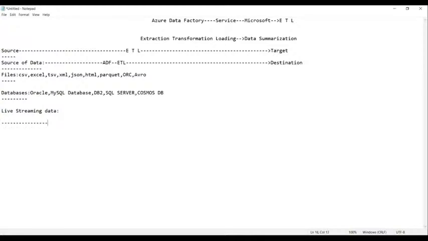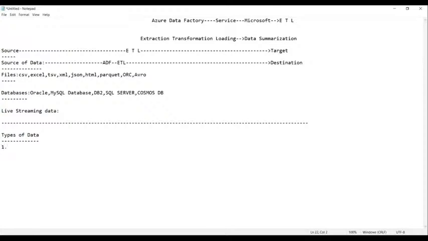Okay, now let's try to see types of data. We know from what sources we get the data, but now let us see what the type of data is. Here you can see the following types which we can find.